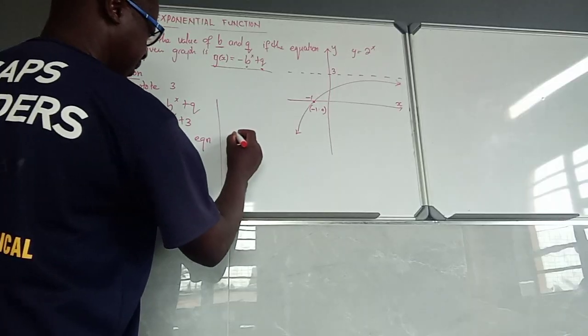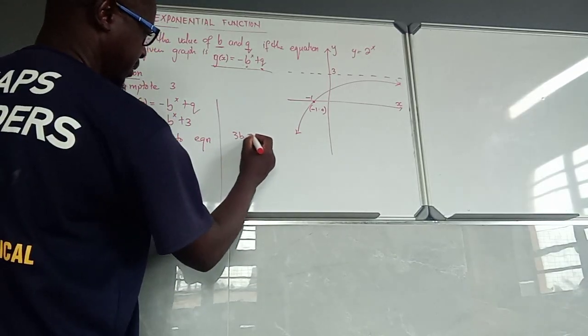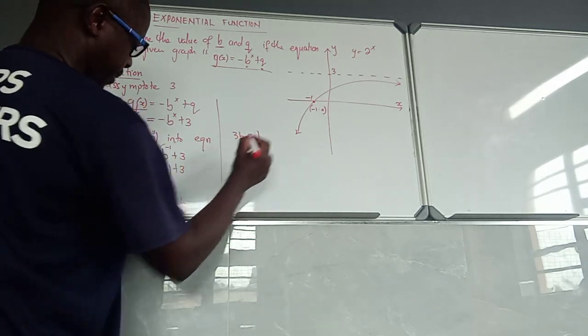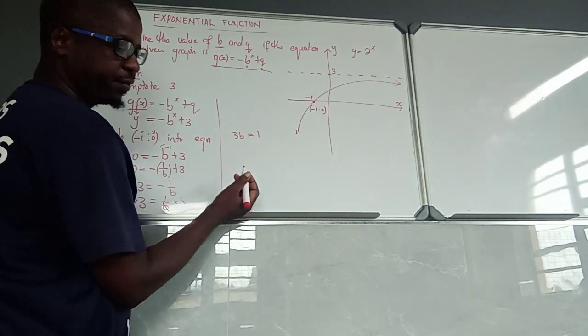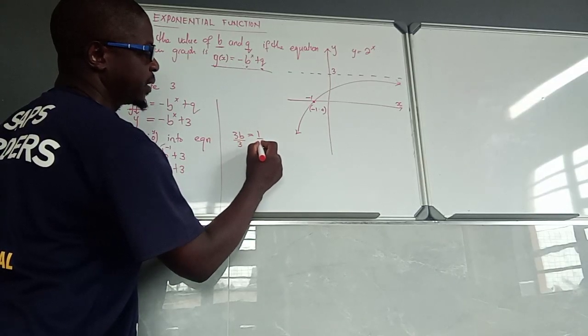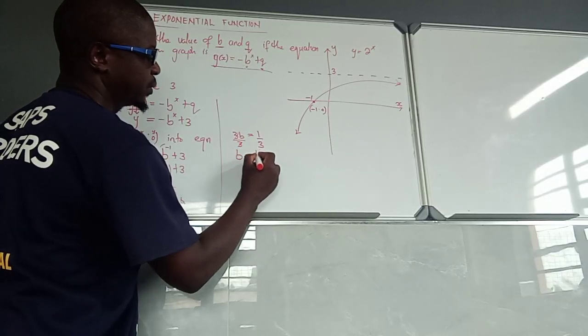This means that 3b is equal to 1, because this b and this b will cancel, and I remain with the 1. What am I looking for? I'm looking for b. So I'm going to divide by 3, divide by 3. So when I do that, I'll have b is equal to 1 over 3.